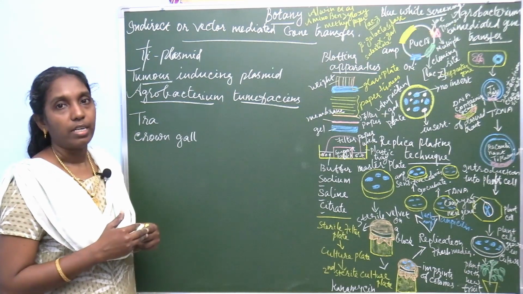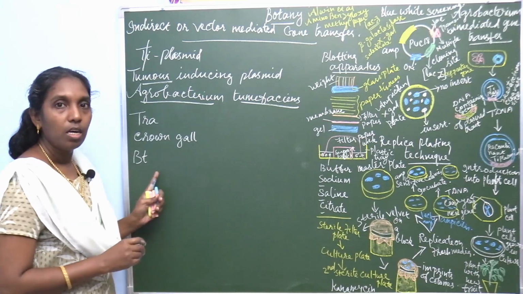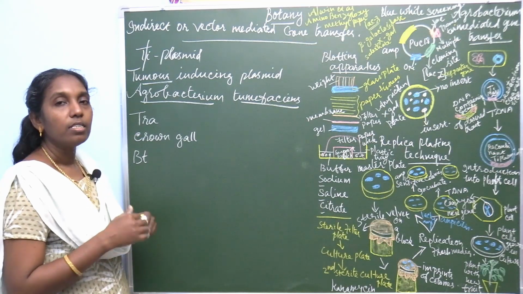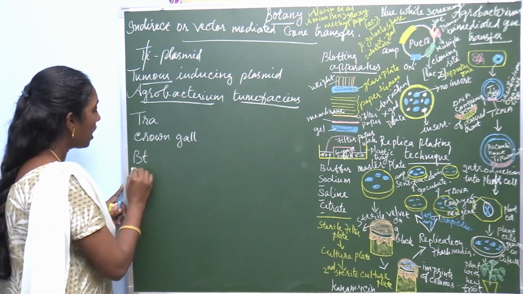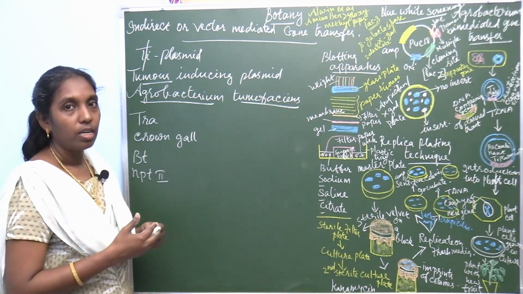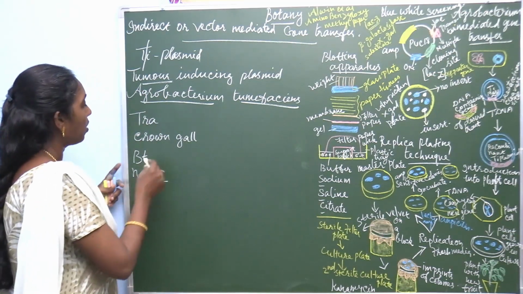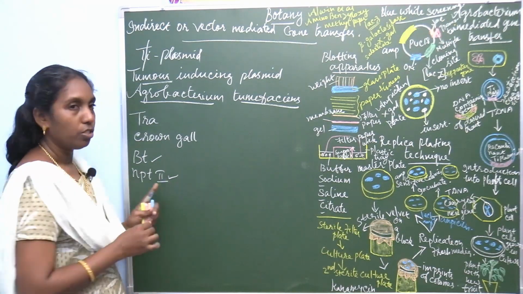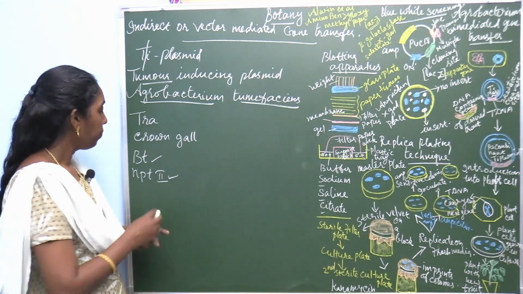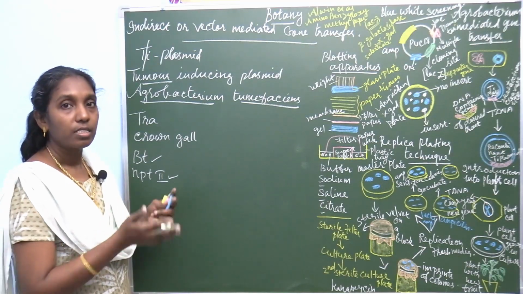For disease resistance, there is another gene called Bt, from Bacillus thuringiensis. There is also a marker gene, an antibiotic gene, NPT2. These are also cloned by means of the Ti plasmid. The Bt gene is for insect resistance, to produce a resistant variety against insects which affect the plants.